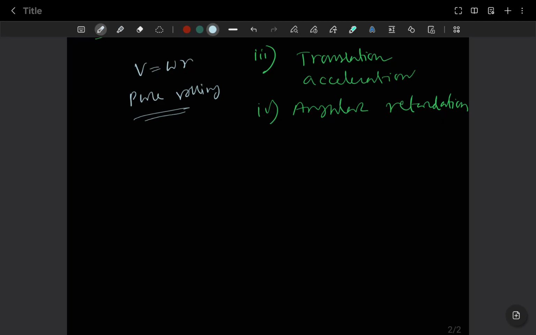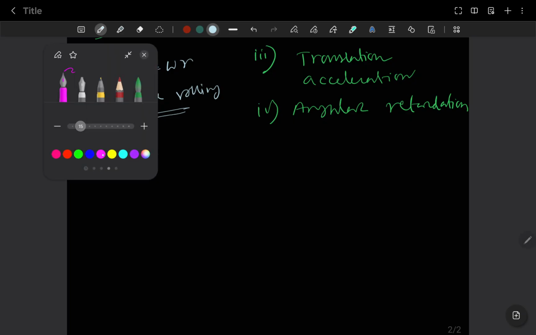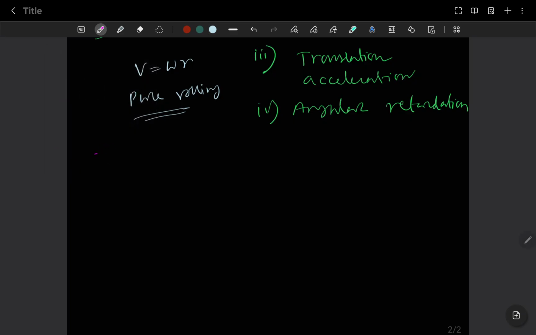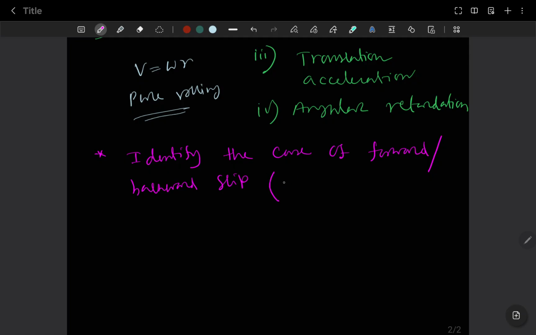Okay, see, follow these steps for doing the numericals. First, identify the case of forward slip or backward slip. Okay, identify the direction of friction.